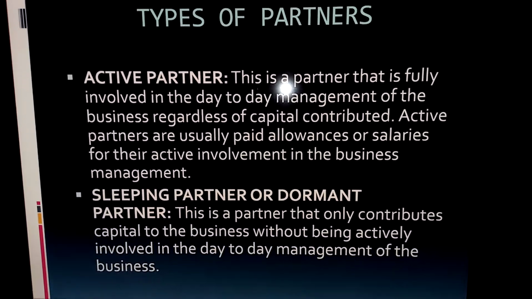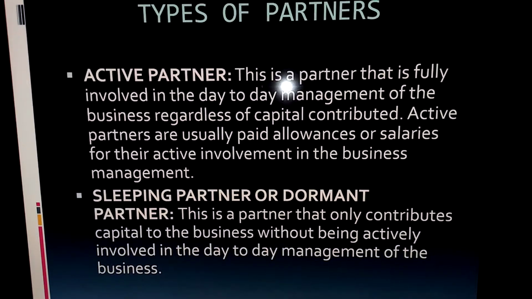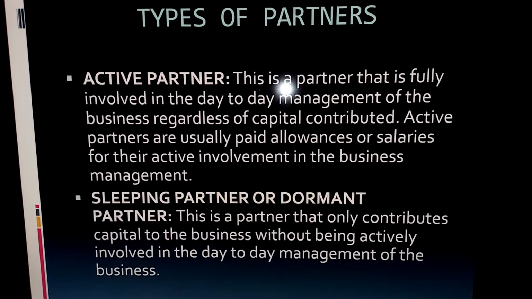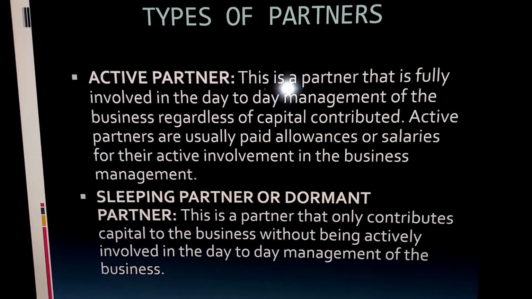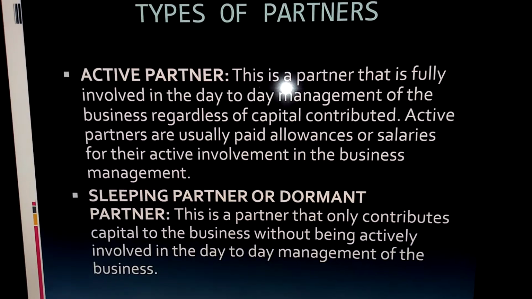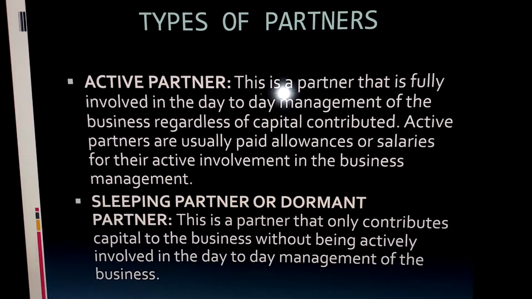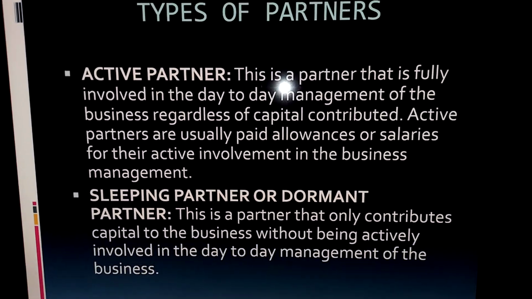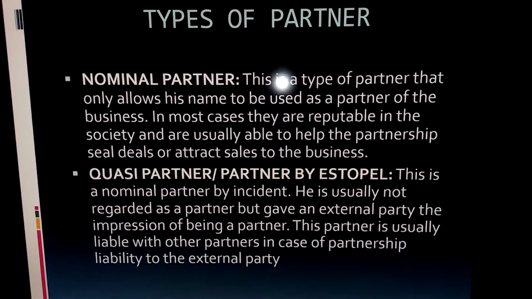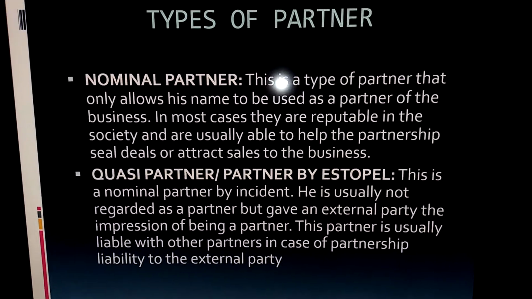The partner is said to be dormant because he is inactive. So where you have a partner that contributed capital but is inactive in the day-to-day management of the business, you refer to that partner as a sleeping partner or a dormant partner. Now, a nominal partner, also called just-for-the-name partner.